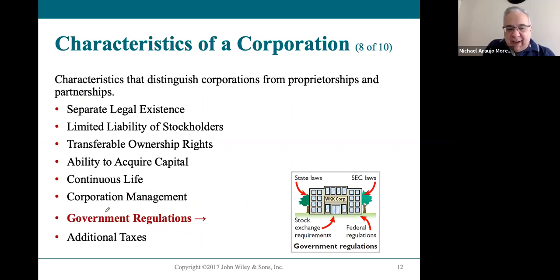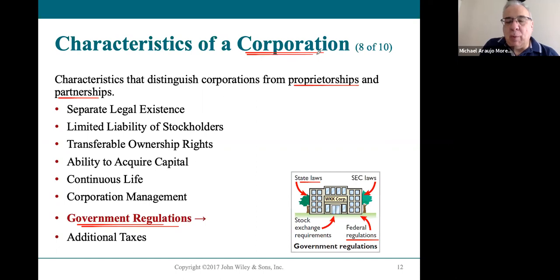One of the drawbacks is that when governments make regulations and laws, whether on the state level or the federal level, these laws affect corporations a lot more than they do proprietorships or partnerships. Mostly because of the size of corporations.